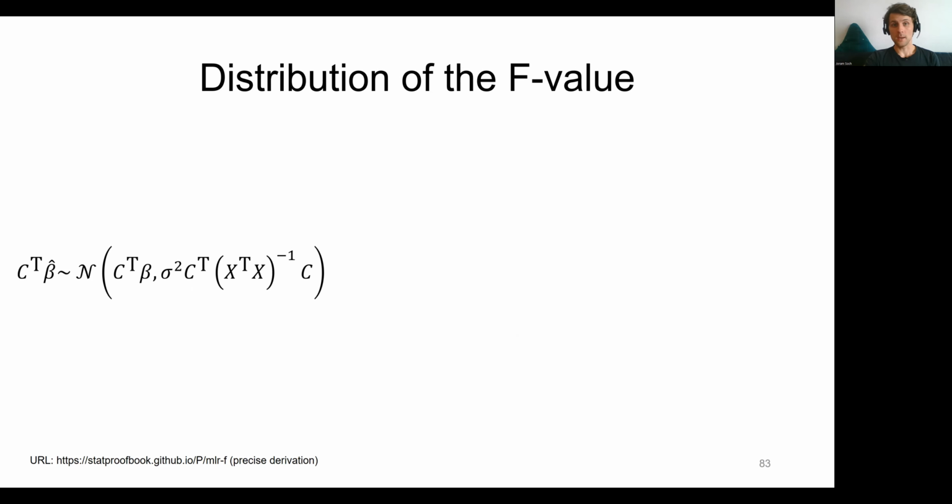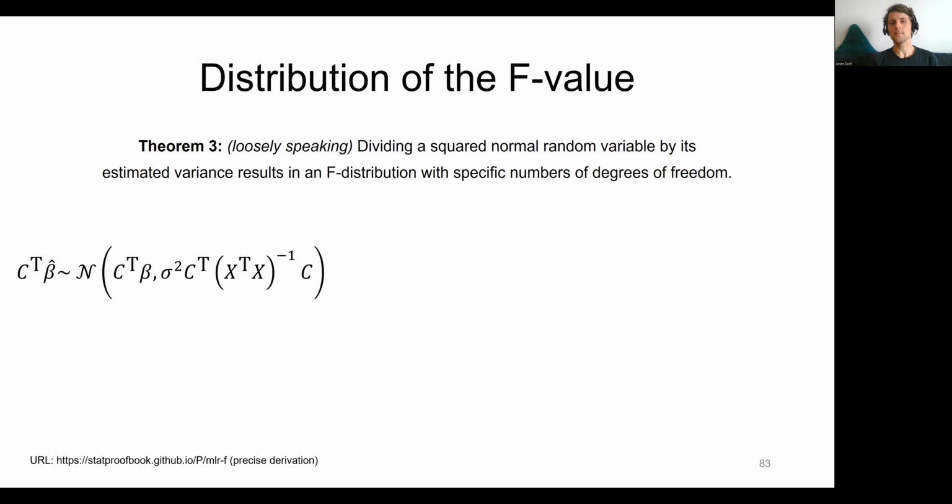The same can be done for the F statistic, where we will need a third theorem, which again, very loosely speaking, says that dividing a squared normal random variable by its estimated variance results in an F distribution with specific numbers of degrees of freedom.